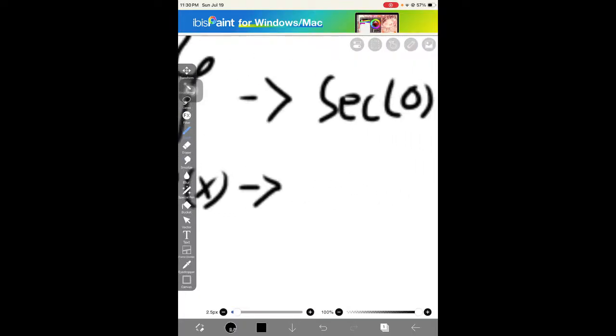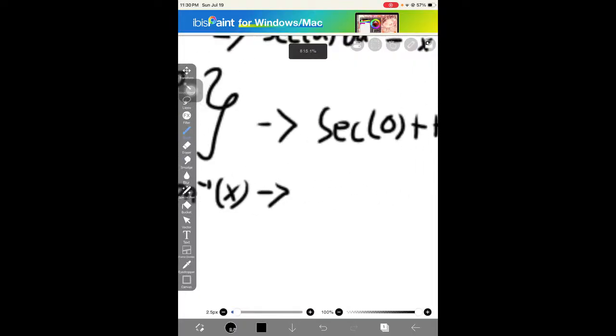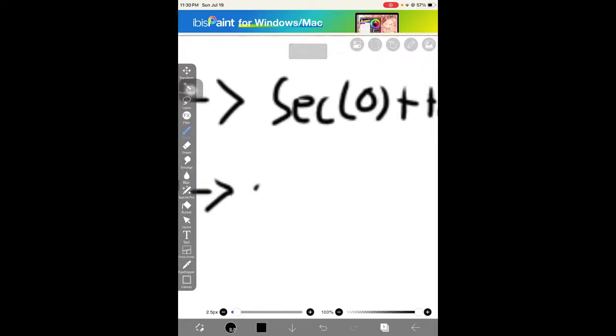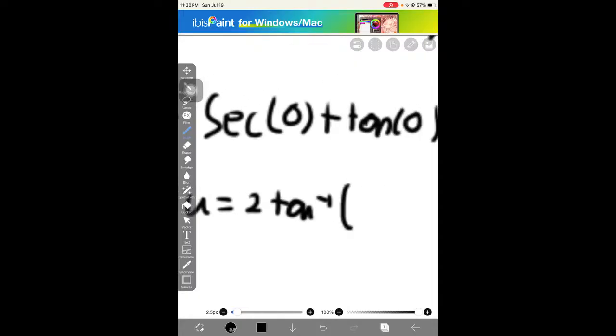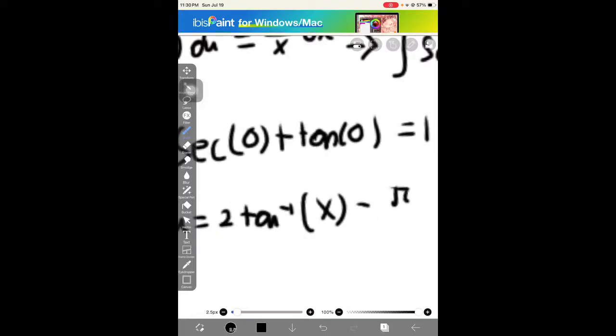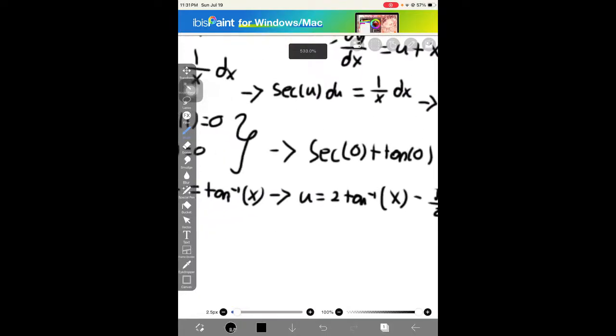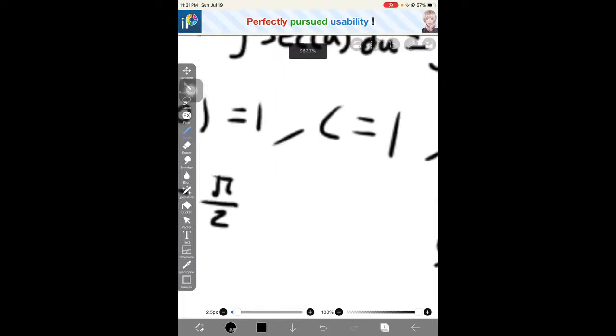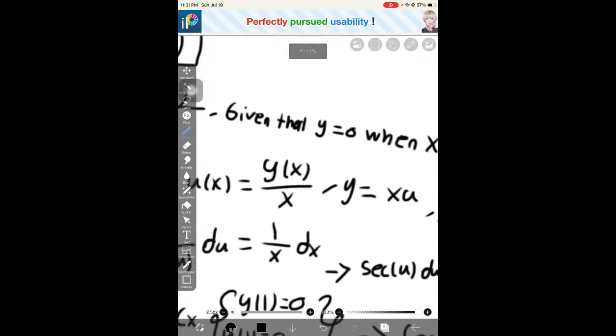And then boom, look at this. So if we isolate u, we have u equals 2 times the arctan of x minus pi over 2. And we did say that u equals y over x.